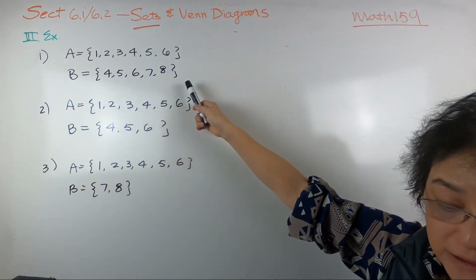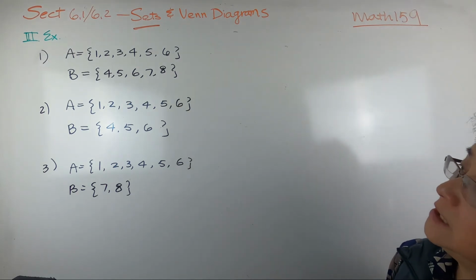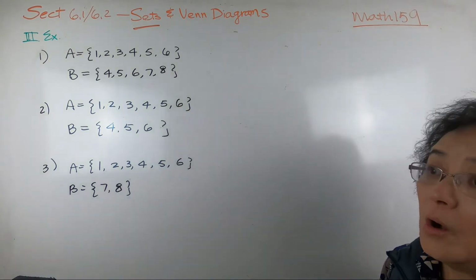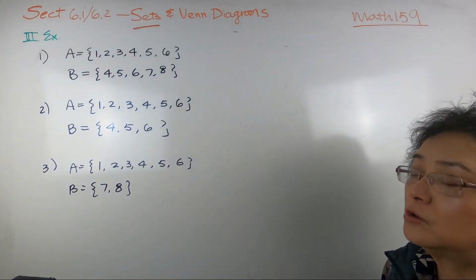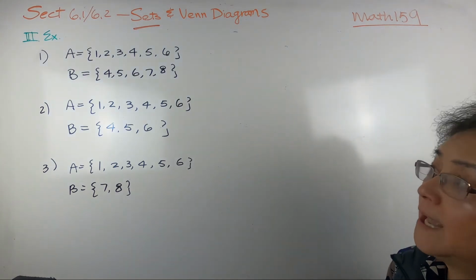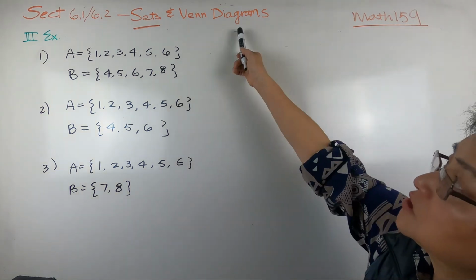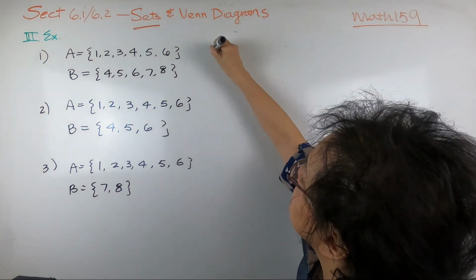B has 5 elements. The operations are A intersect B or A union B. Before we do that, we just see the diagram. How do we do the diagram?